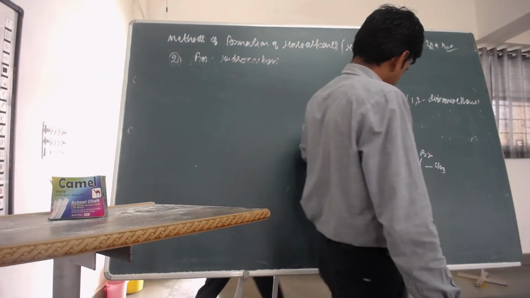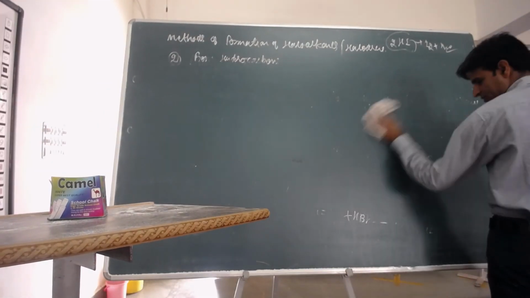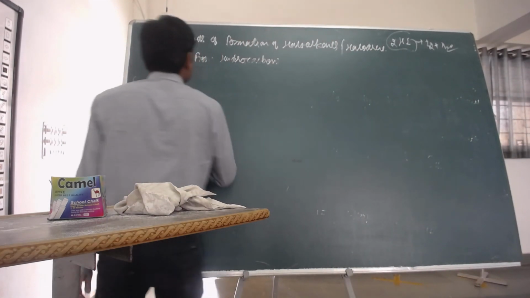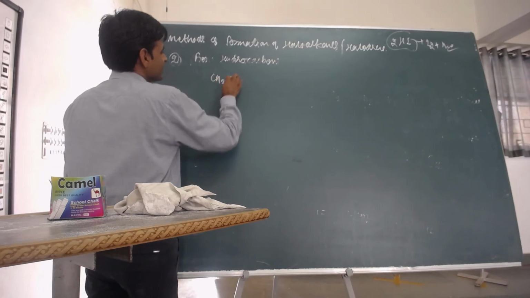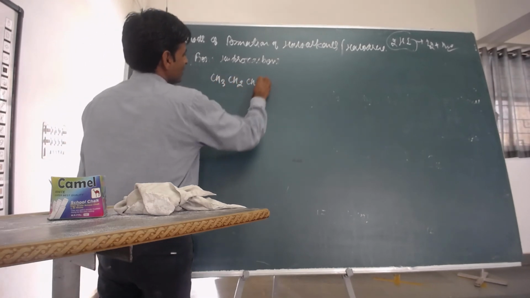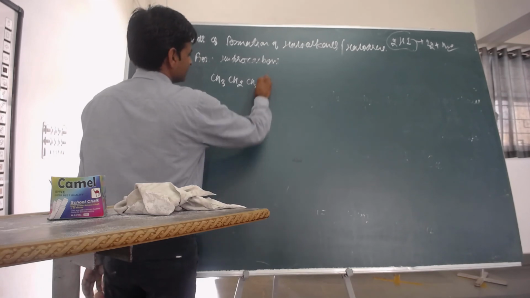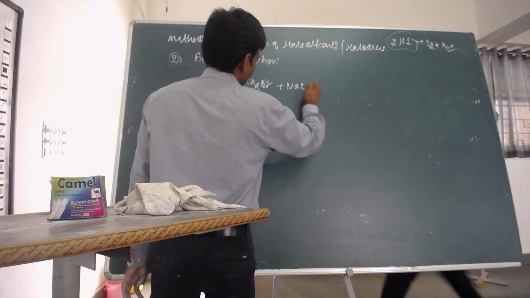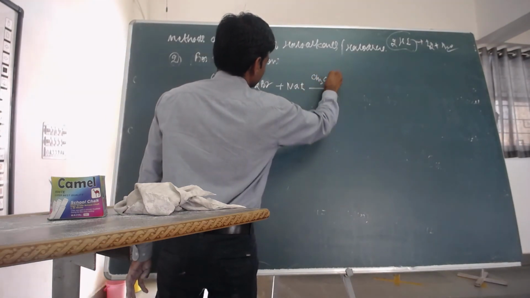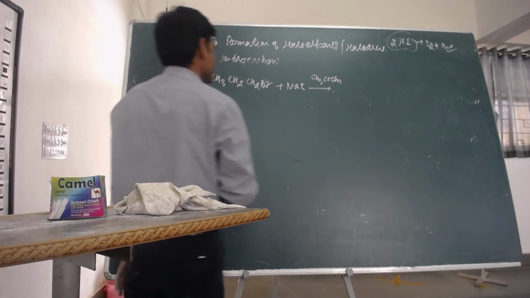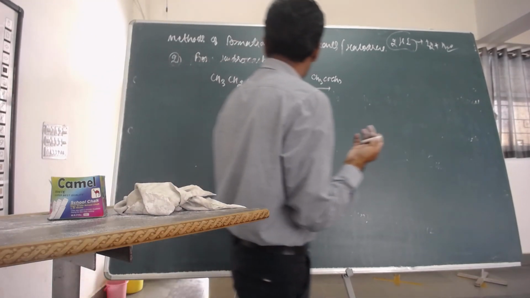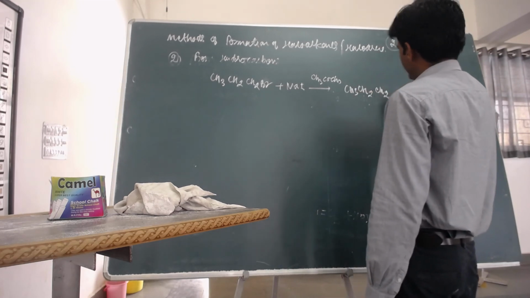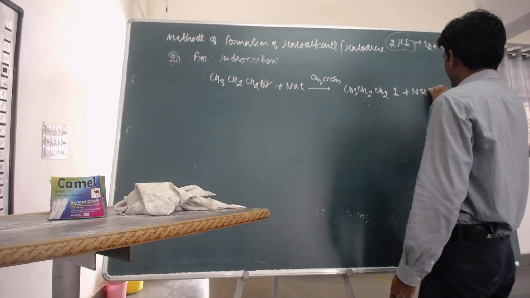And we know that the Finkelstein reaction is just an example of halogen exchange. And mainly we obtain the iodo compound. Yes, CH3CH2CH2Br. When this type of bromo compound is treated with sodium iodide in the presence of acetone, this is a characteristic reaction in which iodo type haloalkanes are always obtained. Here, CH3CH2CH2I plus NaBr.